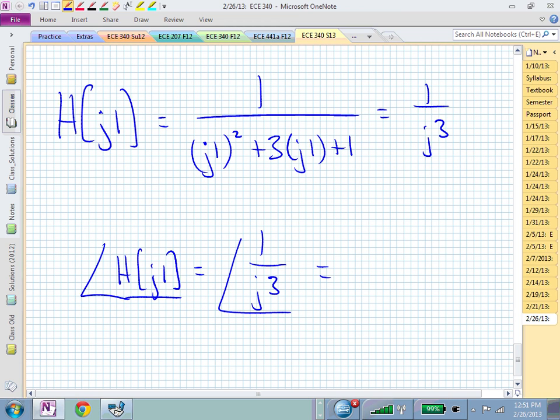The angle of the numerator, 0, minus the angle of the denominator. That's 90 degrees, or pi over 2. So we now have this system producing a phase of minus 90 degrees at that frequency, 1 radian per second.